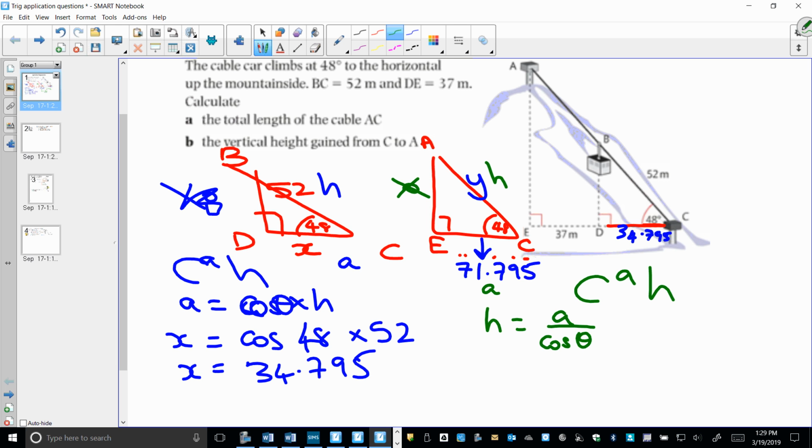Beautiful work. So we're now going to chuck our numbers in. So y equals 71.795 divided by cos 48. And we're going to chuck that in our calculator.